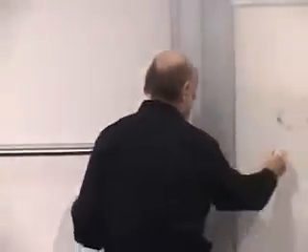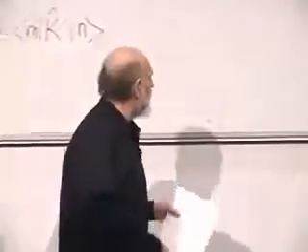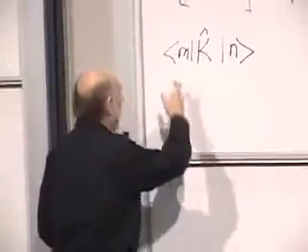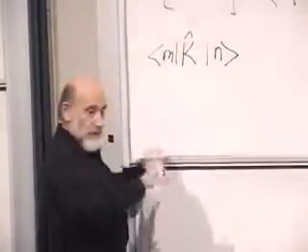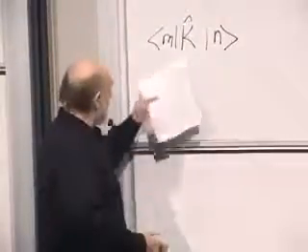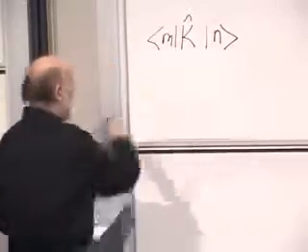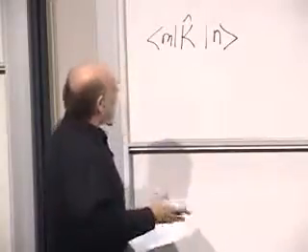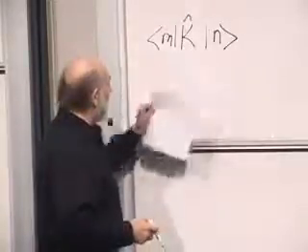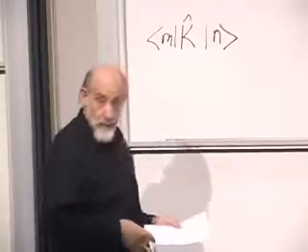Let's put K21 down here. We write them all down, and it makes a square matrix whose size is equal to the dimension of the space. Okay? So those are the matrix elements of K, and they really do describe the entire operator K. They uniquely describe it, yes.